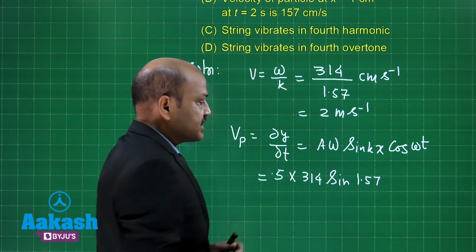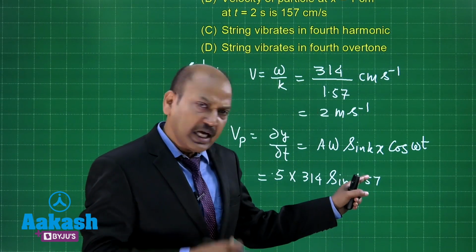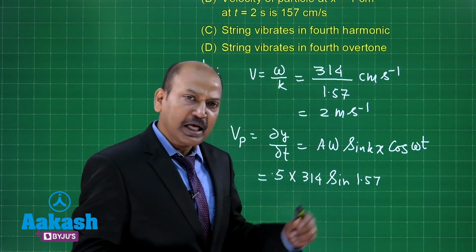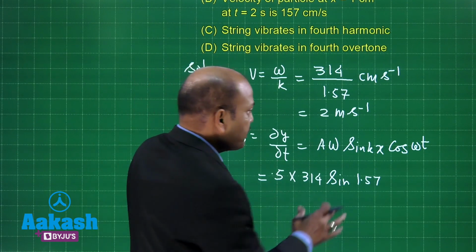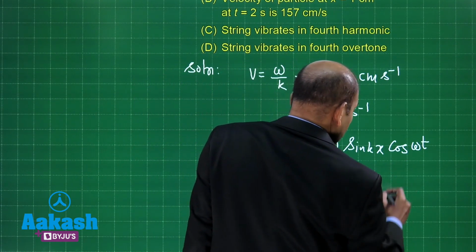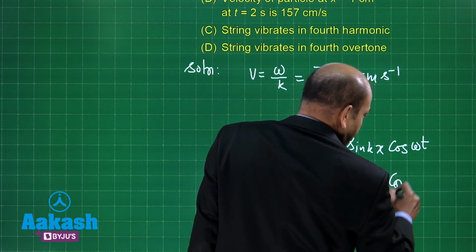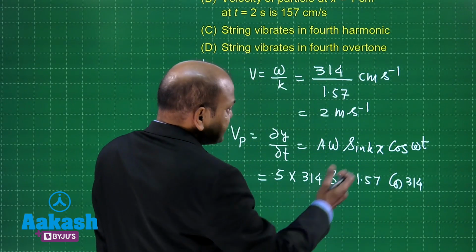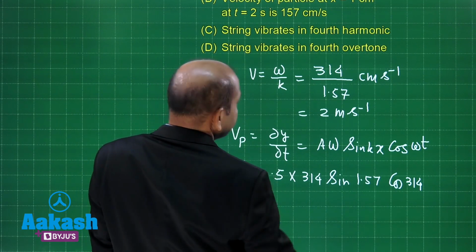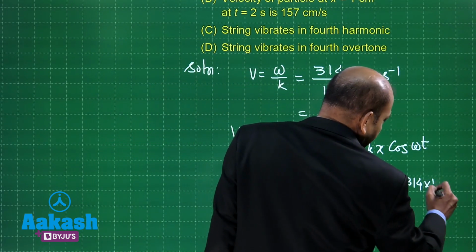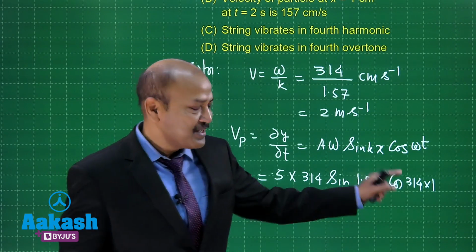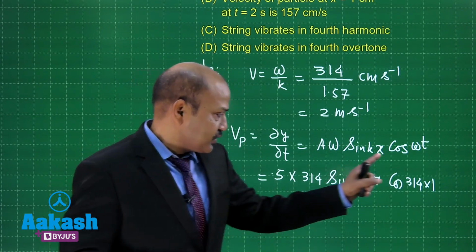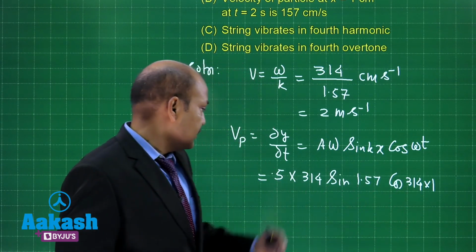So this becomes sin 1.57, and 1.57 is pi by 2, so the value is going to be 1. Now coming to cos omega t, omega is 314 radian per second, and t is 1 second. So we find that this is cos 100 pi, and cos 100 pi value is 1. So this is 1, this is also 1.